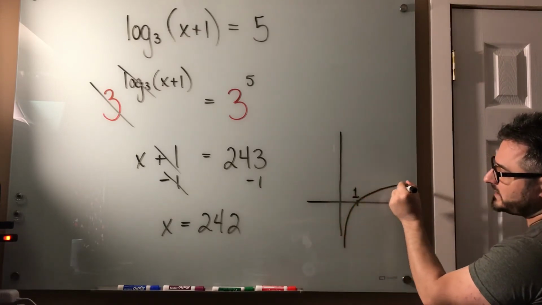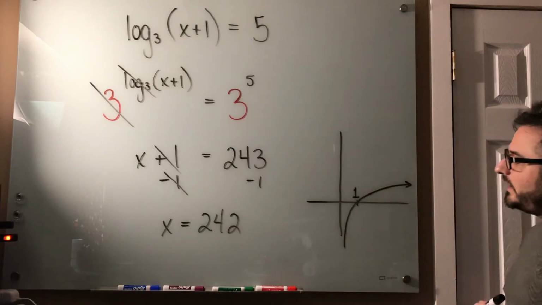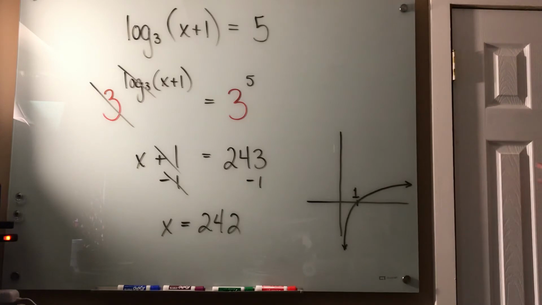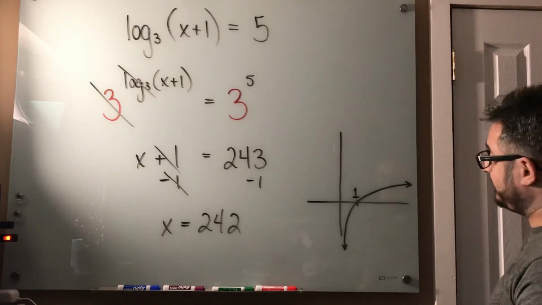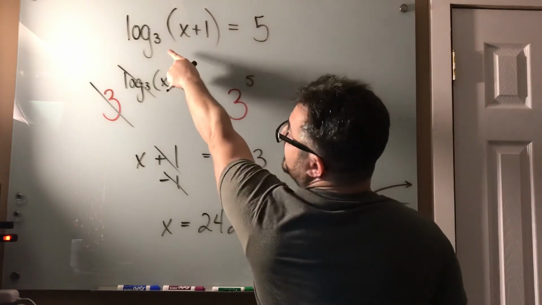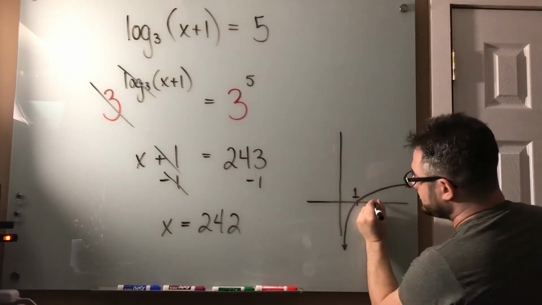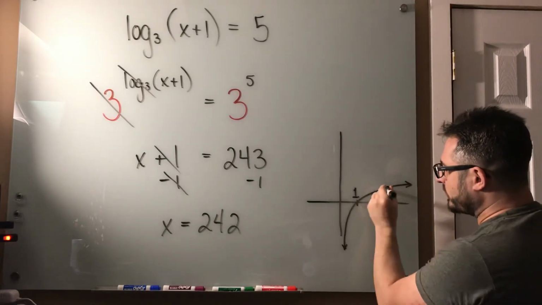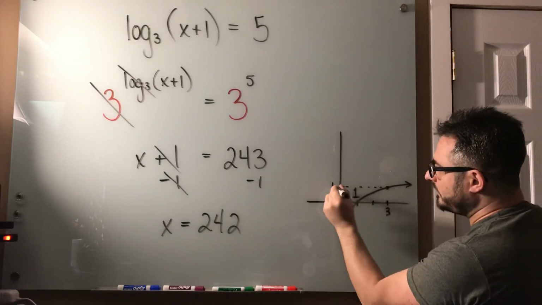But once they do, they tend to flatten out very quickly. It takes a very, very long time for this to get up to a y value of 5. I mean, we're looking at base 3, which means by the time we get out to 3, we're only at a y value of 1.